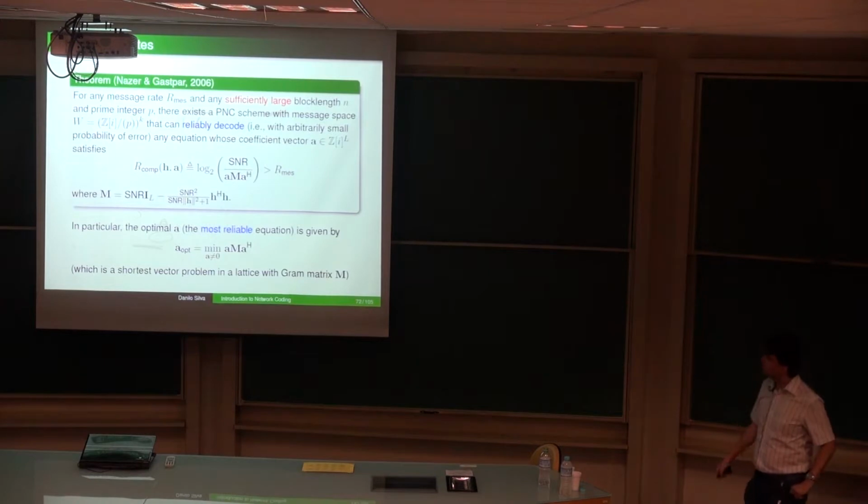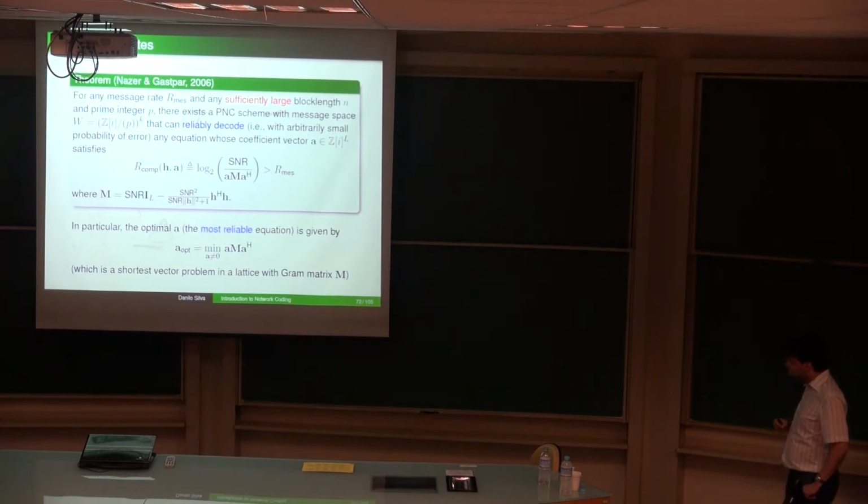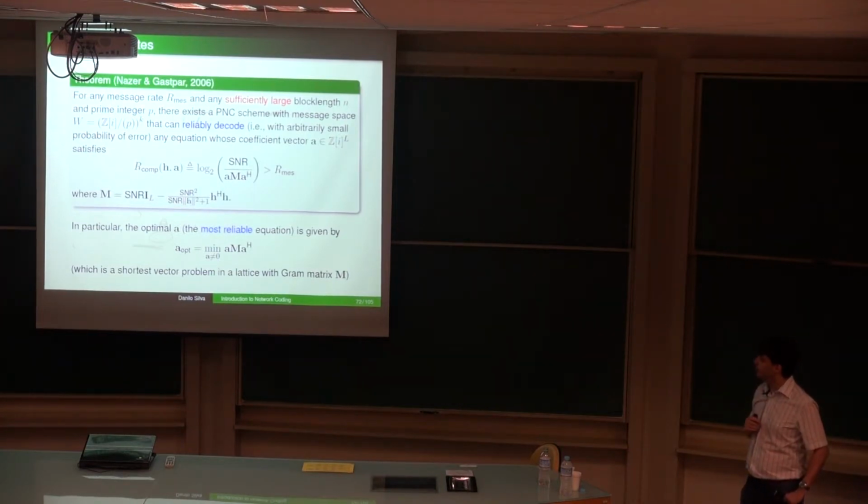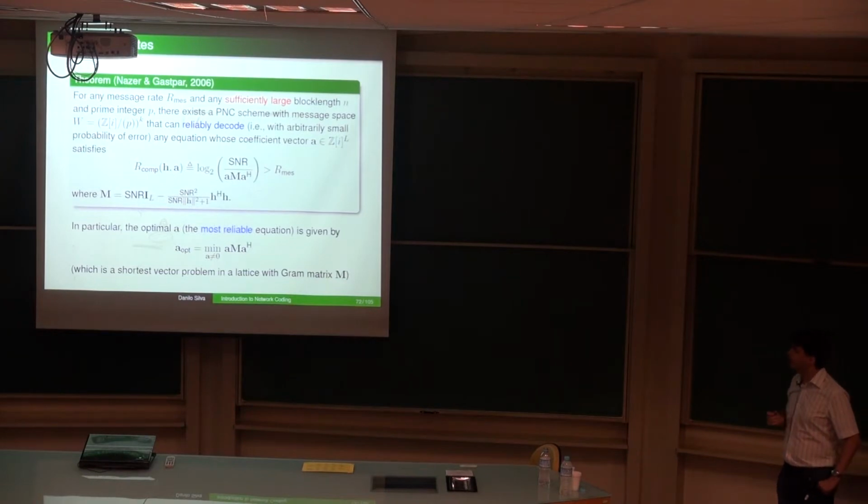Okay, so let's look at their theorem here. For any message rate, if you use a sufficiently large block length n and a sufficiently large prime integer p, then you can find a PNC scheme with this message space that can reliably decode a linear combination.